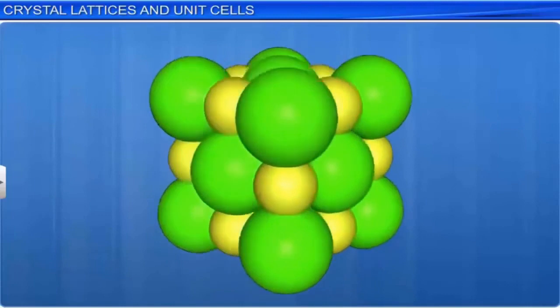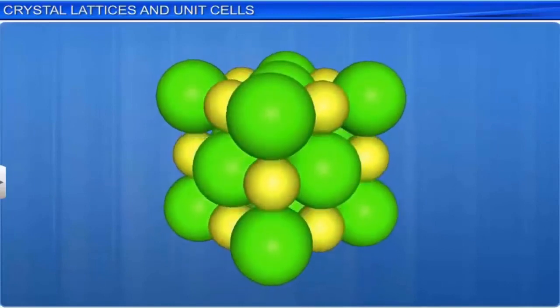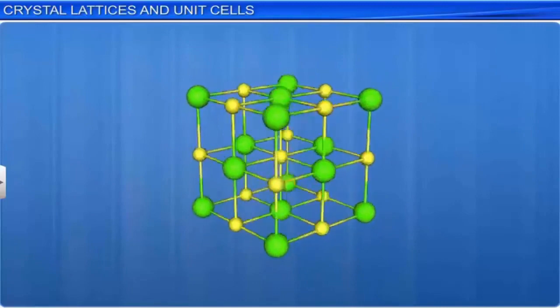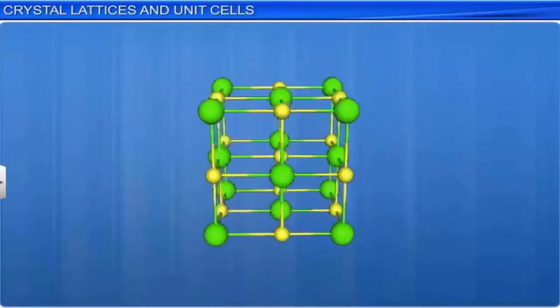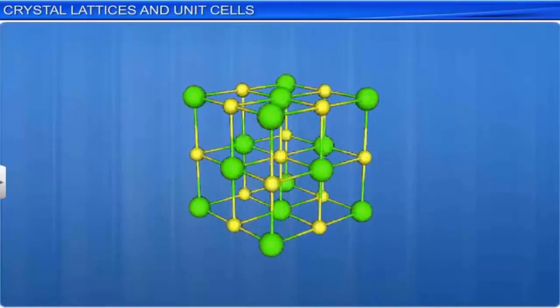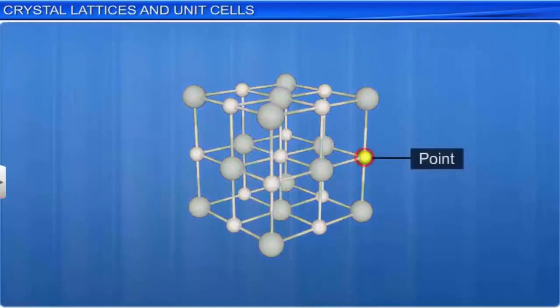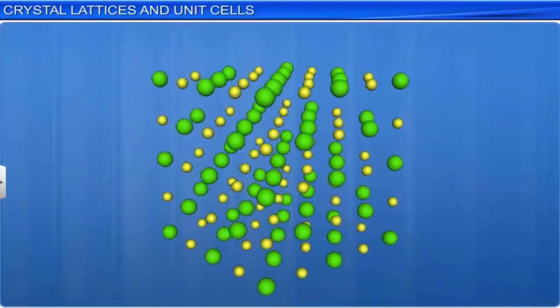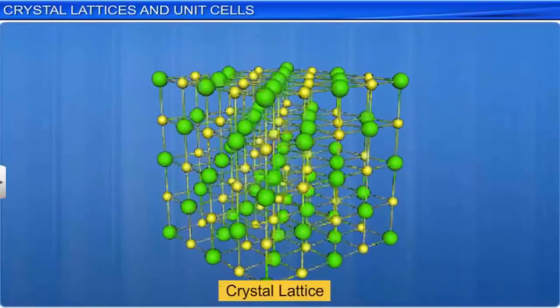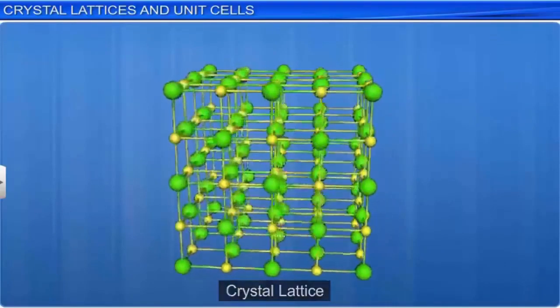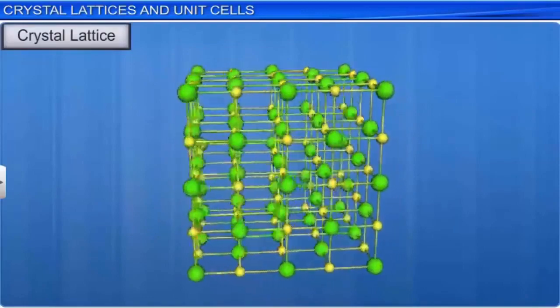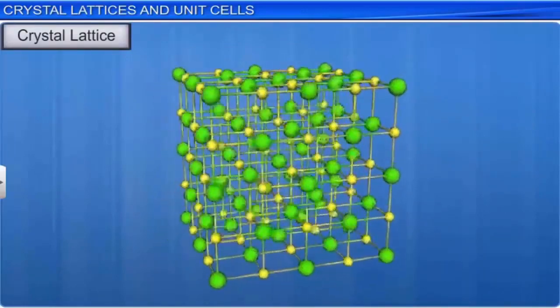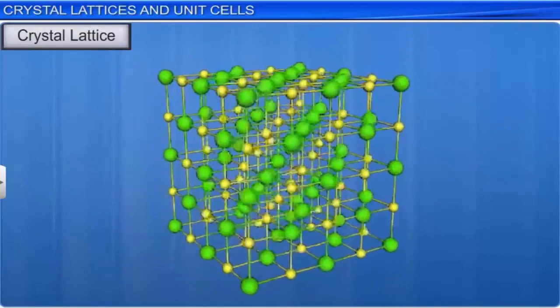Crystalline solids have an orderly arrangement of their constituent particles in 3 dimensions. The positions of these particles in a crystal relative to one another are usually shown by points. An arrangement of an infinite set of these points is called a crystal lattice. Thus, a crystal lattice is a regular arrangement of the constituent atoms, ions, or molecules in 3-dimensional space.